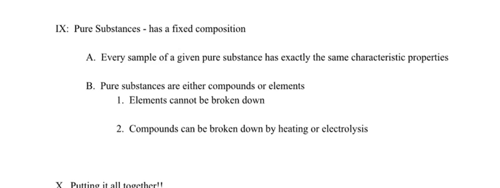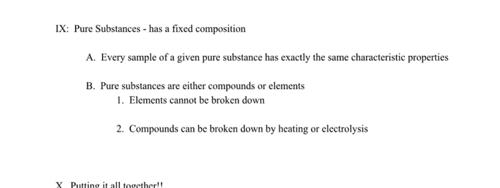So there are two kinds of pure substances. What they have in common is they have a fixed composition. It says every sample of a given pure substance has exactly the same characteristic properties like melting point and density and things like that. Pure substances are either compounds or elements, and elements cannot be broken down. So if you have carbon, you can't break it down anything further and still be a carbon element.